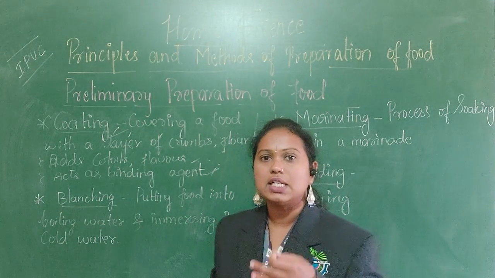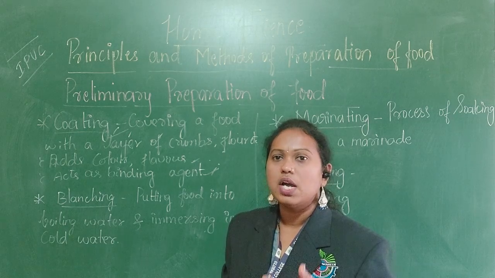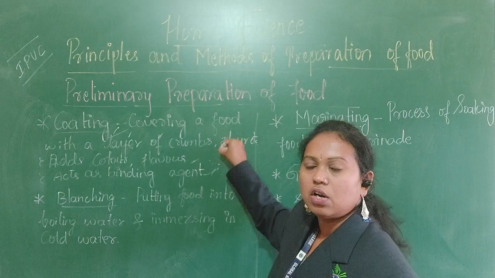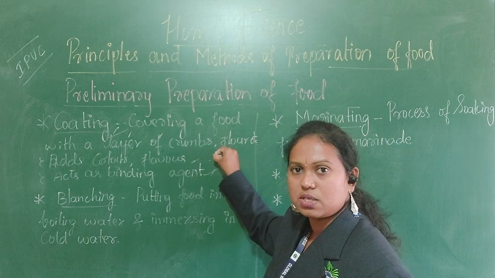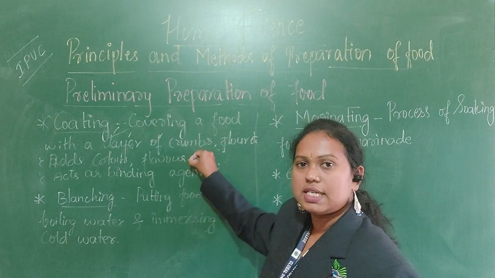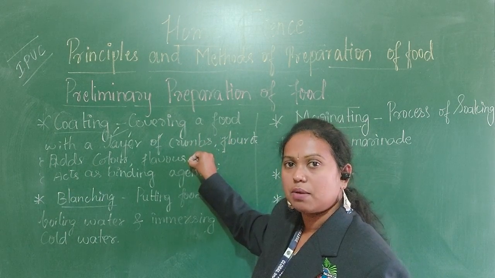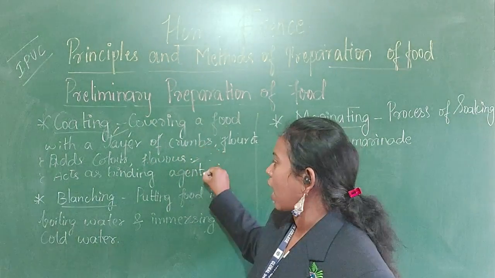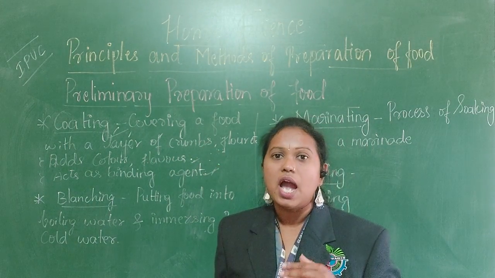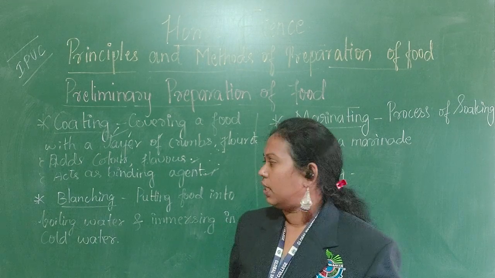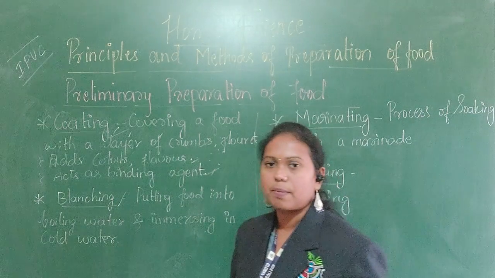Coating is a term that refers to covering the food with a layer of crumbs, flour or other fine substances before cooking it. For what is it done? It is done to add color, flavor, and it also acts as a binding agent and produces a crunchy texture.